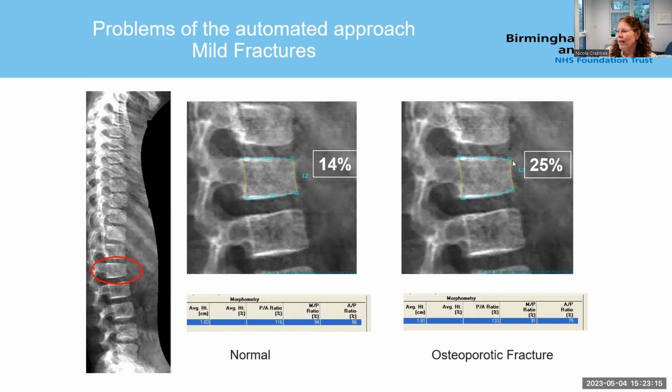However, if we move these points just very slightly, so making a very slightly shorter anterior height, we can see that height reduction is now 25%, and that's what we would call a significant osteoporotic fracture. And that's really just depending on where these points are. And the problem is, because it's a ratio, when you change one number, it can have a greater effect on the other number.